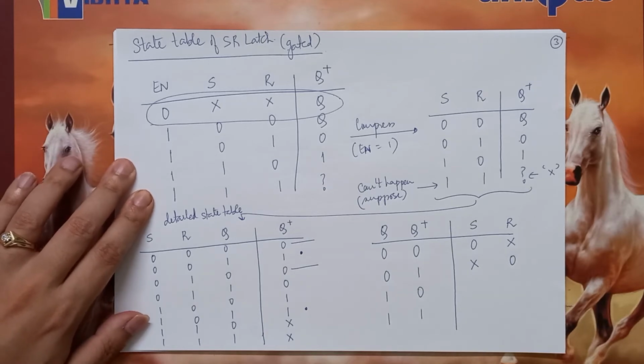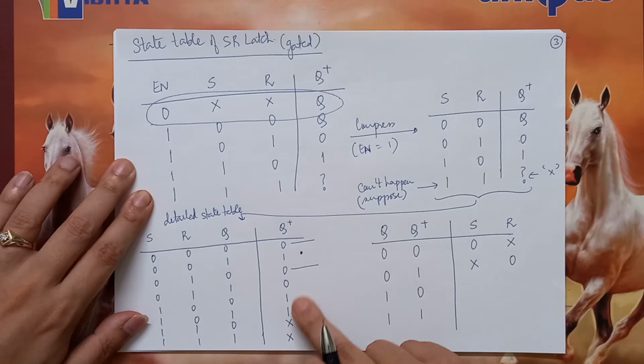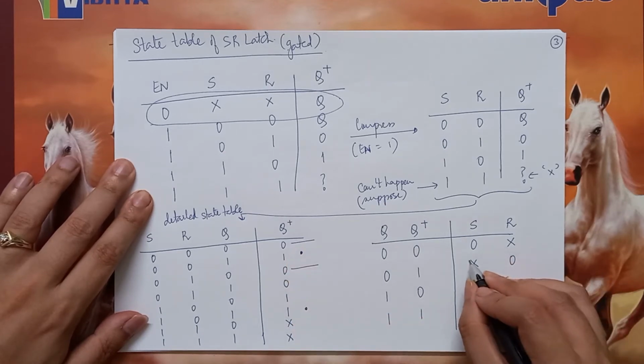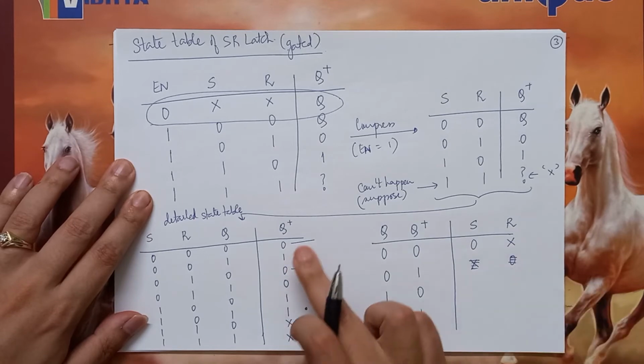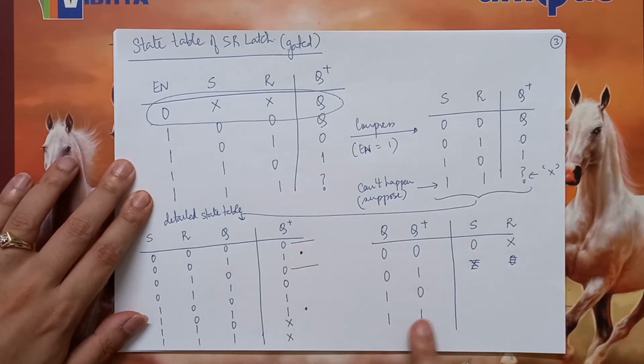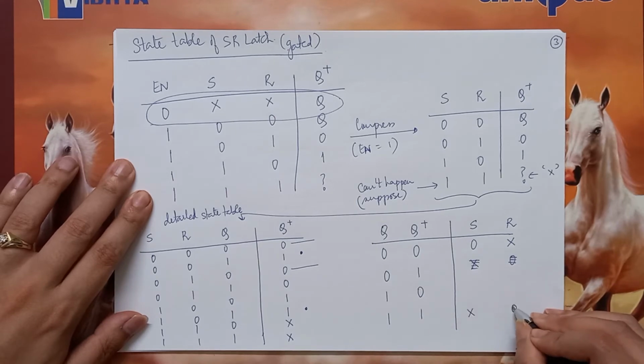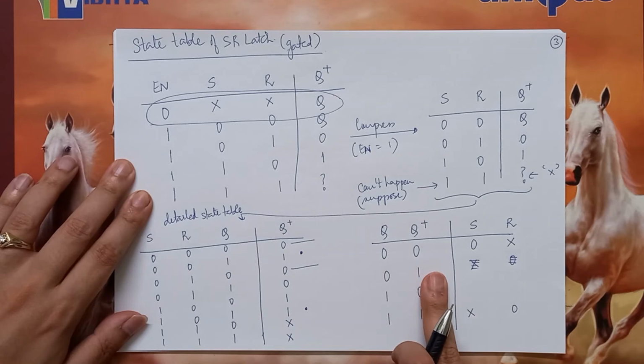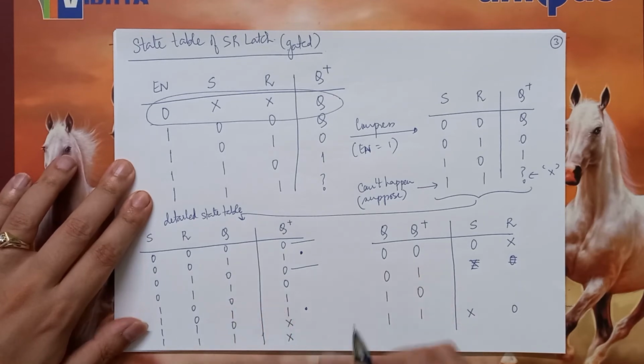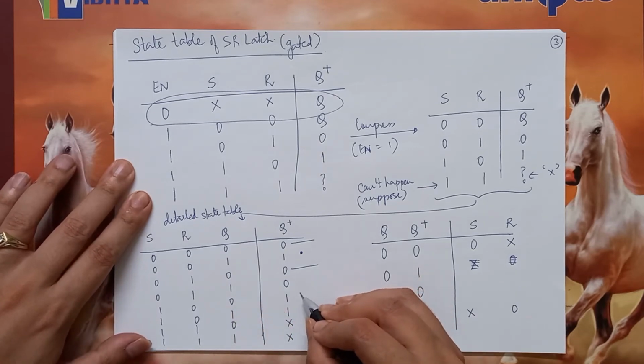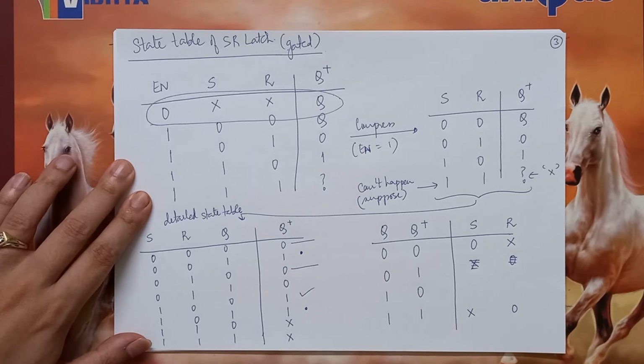Oops, I made a mistake. By mistake, I took this for 1 and 1. So therefore, for 1 and 1, that is when q and q plus are both 1 and 1, this is what will apply. So this will be x, 0. For 0 and 1, this is the only case when it happens.